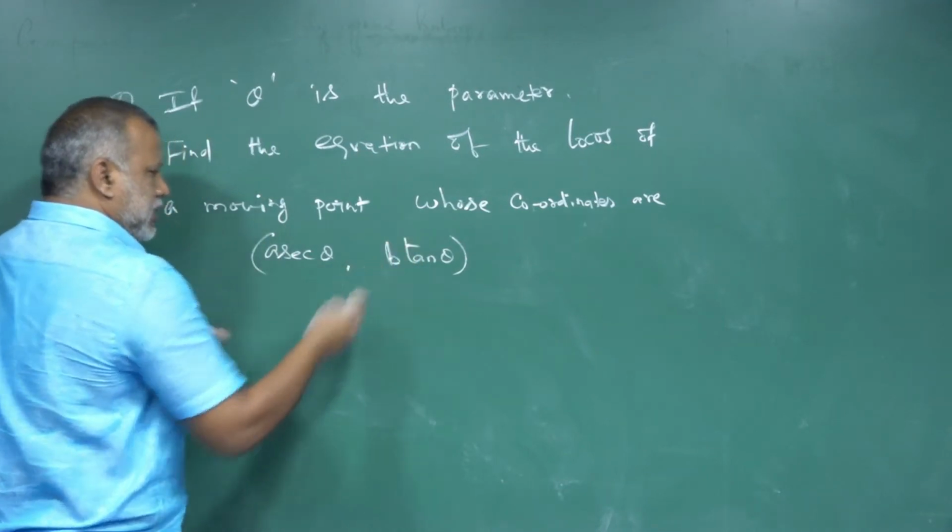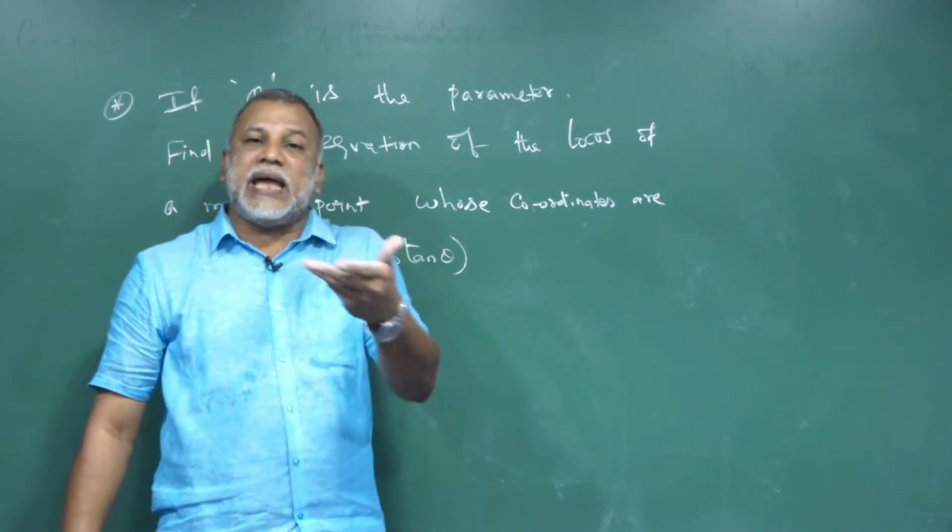See the result: a secant theta, comma, b tan theta.